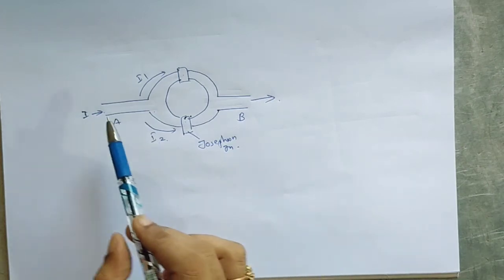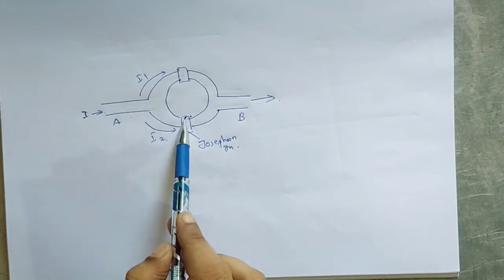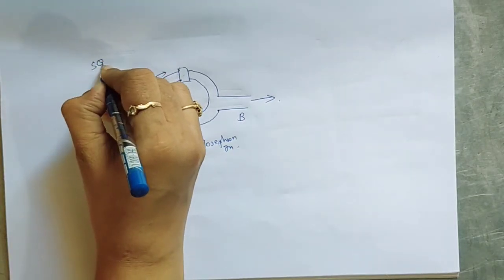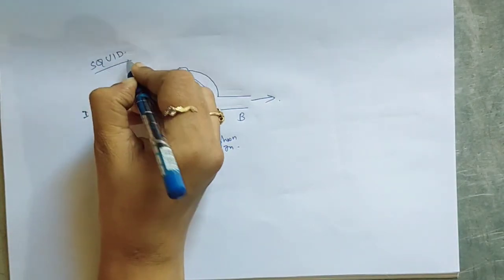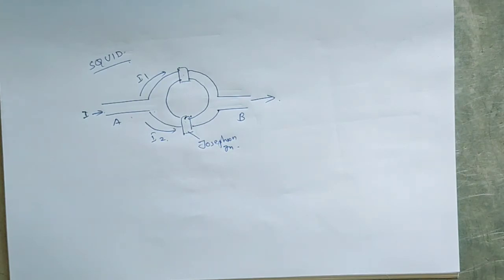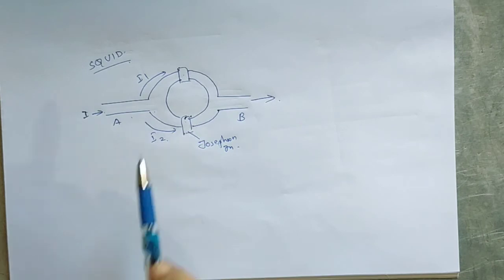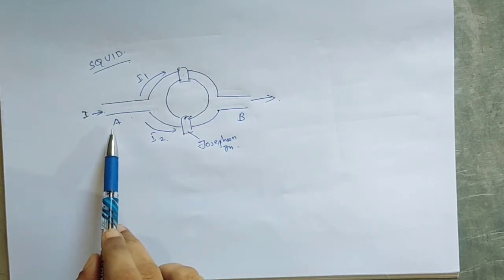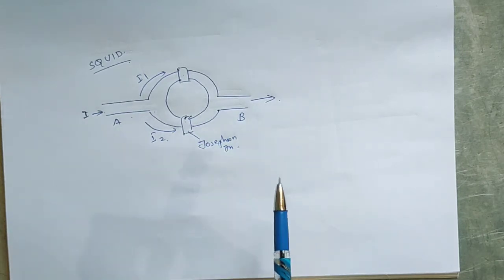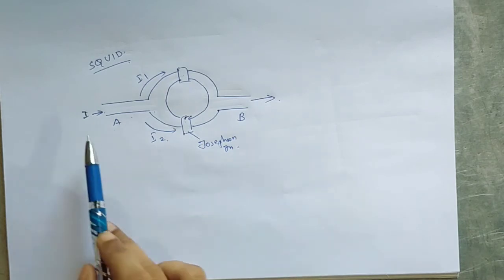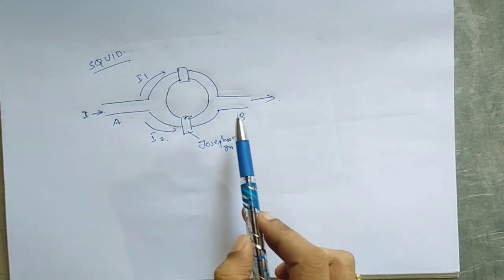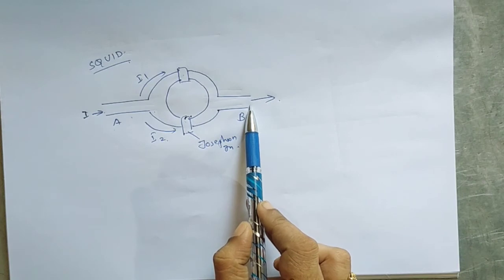So consider this type of arrangement. This is known as SQUID, that is superconducting quantum interference device. It consists of a ring of superconducting material having two side arms A and B, which act as the entrance of the superconductor, and this is the exit.